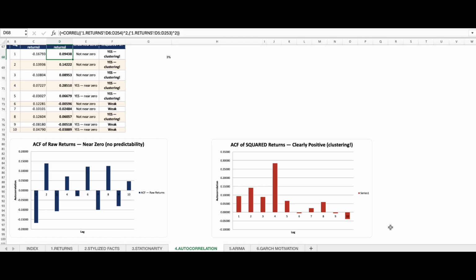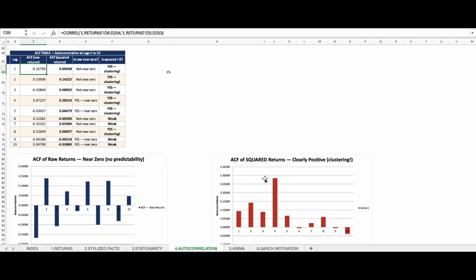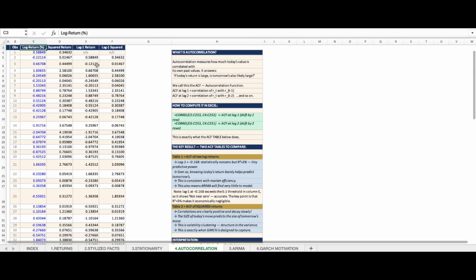So the fact that squared returns have strong positive autocorrelation, what does it mean? That if today had a large move, tomorrow is likely also to have a large move. The magnitude of returns here is predictable even when the direction is not. And this exactly is volatility clustering. Here we have confirmed this numerically. And this is exactly what GARCH is designed to capture.